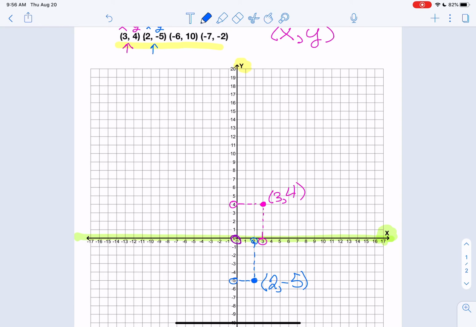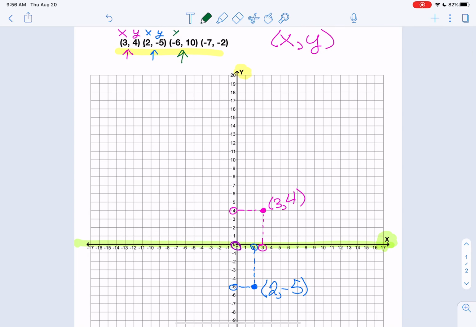So for the next one, we have -6 for X and a +10 for Y. So now the X is negative and the Y is positive. For the x-axis, the side to side, it's -6, so -6 is right here. And for the Y, it's +10, and +10 is right here.